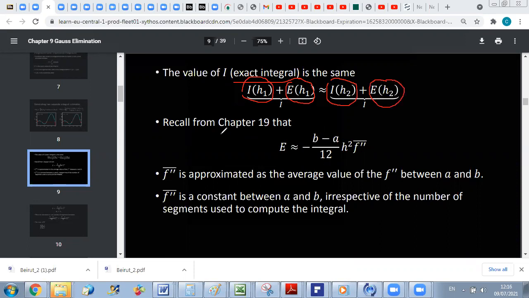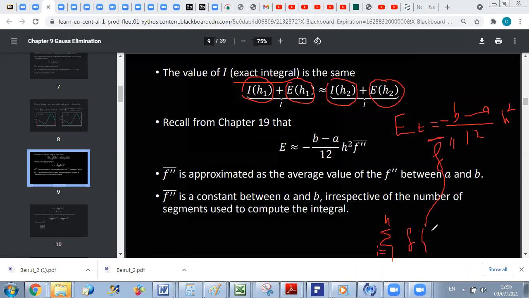Now, if you remember in chapter 19, we said that if we are using the composite trapezoidal method, the true error E is equal to minus (b minus a) over 12 times h squared times f double prime, and this average of f double prime was computed in this way: the summation of i going from 1 to n of f''(ci) over n.